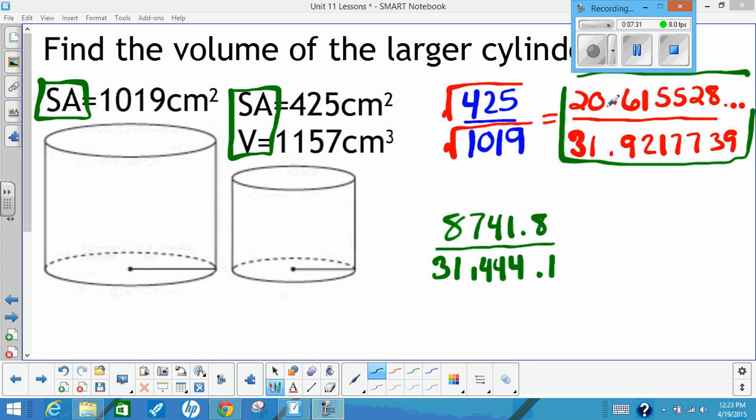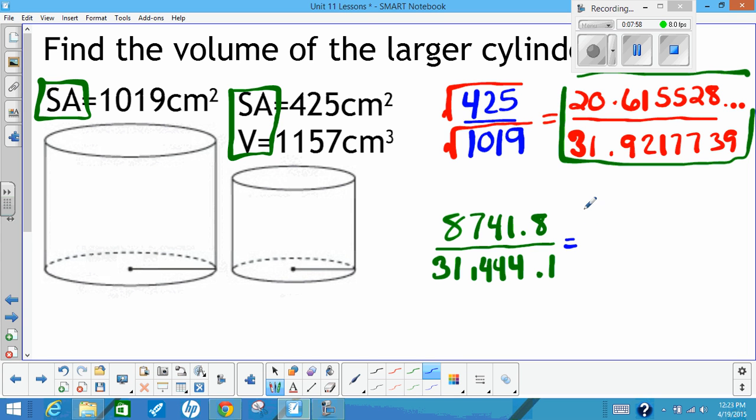So I've done the cube of the top, I've done the cube of the bottom, and I've approximated, so I did 20.6 cubed and 31.9 cubed. I don't have a graphing calculator on me right now, but if you have a question how we could be a little more exact, we can go over that together in class, because we should be precise. So now here I have the ratio of my volumes, and I can use that to set up a proportion.